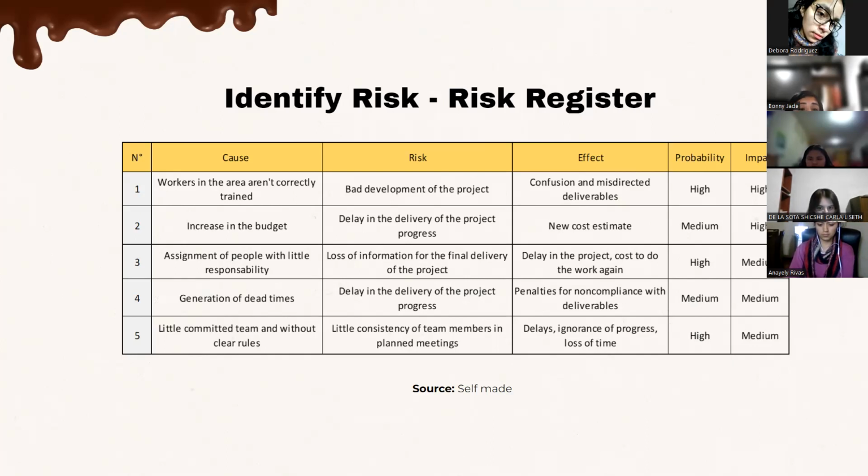For example, we consider workers in the area who aren't correctly trained, and the risk can be bad development of the project with an effect of confusion and misdirected deliverables. We must study in depth all the factors that can influence the causes and consequences. So we added prevention, which allows us to save cost. We consider a range of probability and impact signs, low and high. Next slide, please.